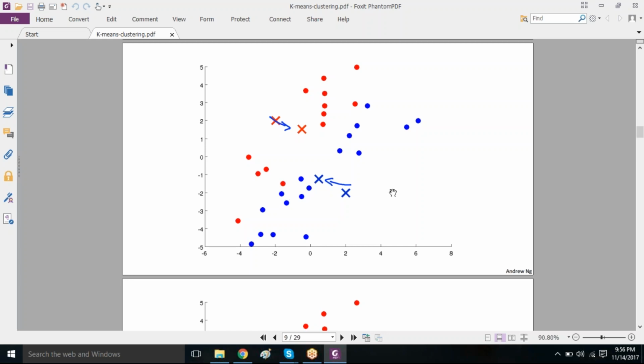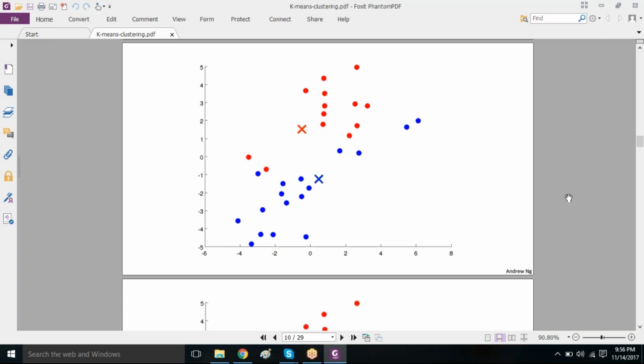Just look at this data point. Is this nearer to this one or this one? Blue one, right? So if you see the next step, these data points will become blue. See? For all the data points you have simply checked which one is nearest and assigned it.